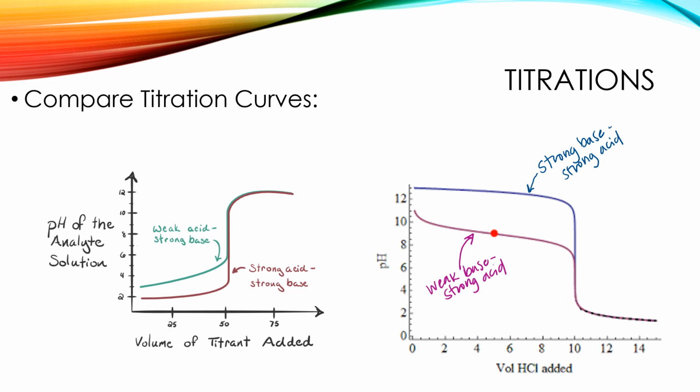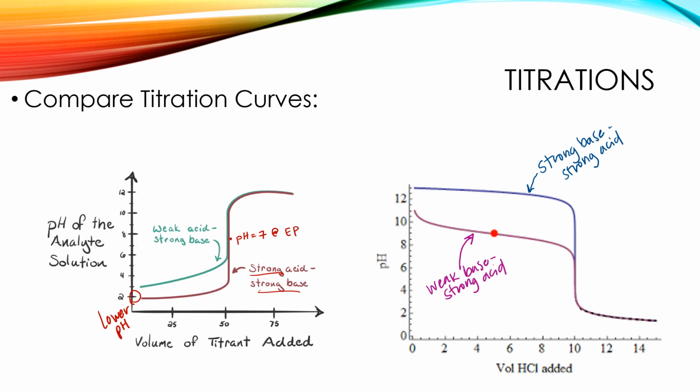For the strong acid, strong base, we start at a lower pH because we have a strong acid, and then we have a very stark shoot up, and we have a pH of 7 at the equivalence point.